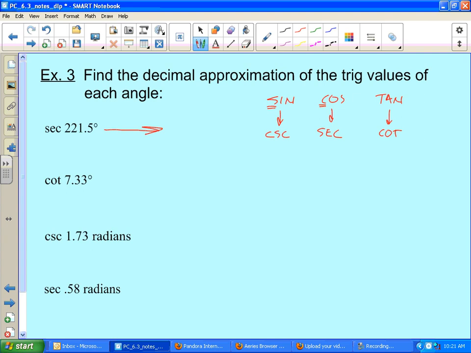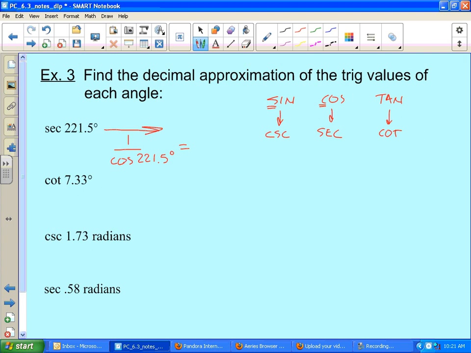So this secant of 221.5 degrees. I can simply do 1 over the cosine of 221.5 degrees, making sure I'm in degree mode and putting it in the calculator carefully. 1 divide cosine, 221.5, close the parenthesis, although I don't think you necessarily need to.